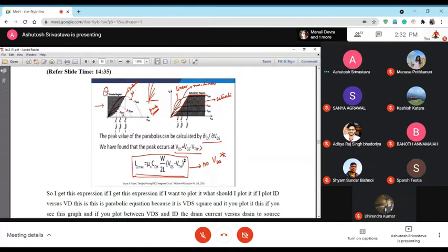So your maximum current ID max is equal to mu n Cox W by 2L (VGS minus VT) whole square. So here you see it is getting independent of your drain source voltage. Okay. Please note down.